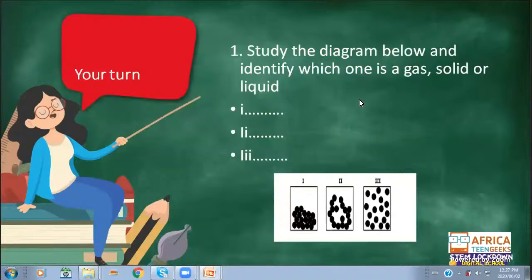If II is also liquid, you write that. If III is gas, you write gas. So let's get busy through the chat room.